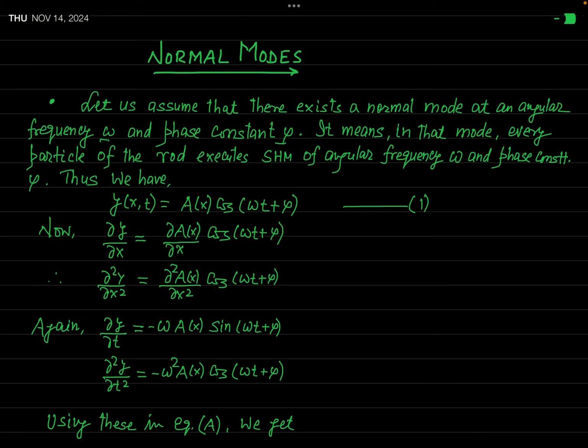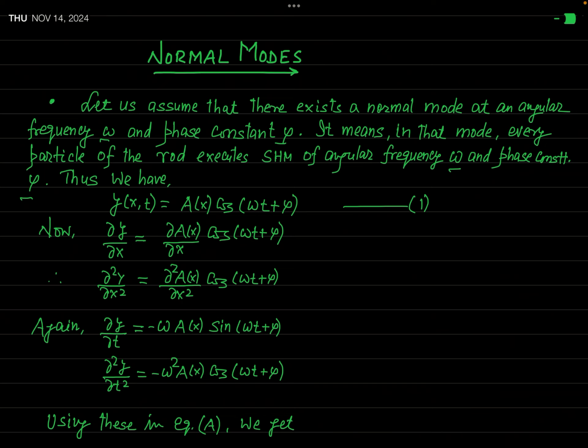Okay. When you say that there exists a normal mode at angular frequency omega and phase constant phi, what does it mean? Actually, it means that in that mode, every particle of the rod executes simple harmonic motion of angular frequency omega and phase constant phi.